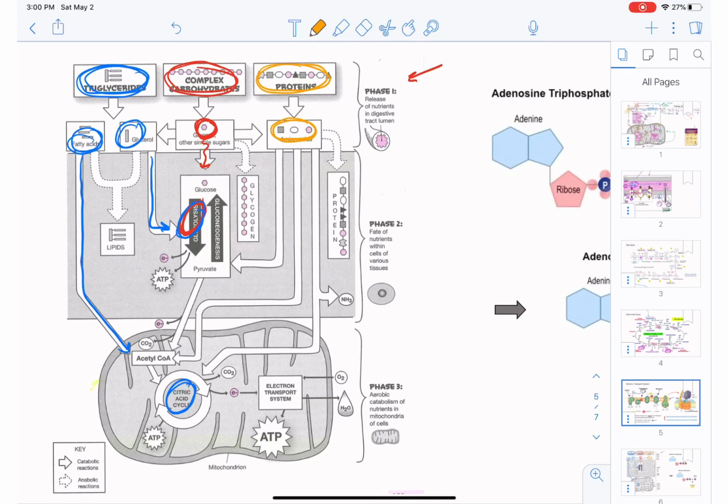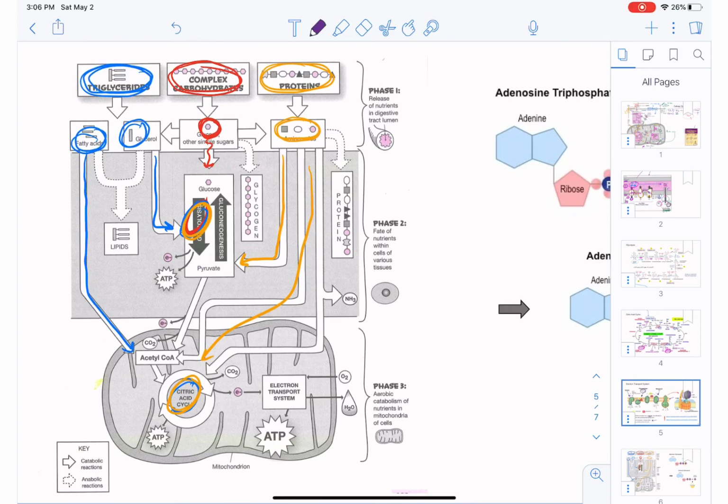And these amino acids can enter at the glycolysis level, or they can move down and enter at the citric acid cycle level. And the whole goal is to produce ATP, convert the chemical energy in these nutrients into ATP, which is a form the cells can use.